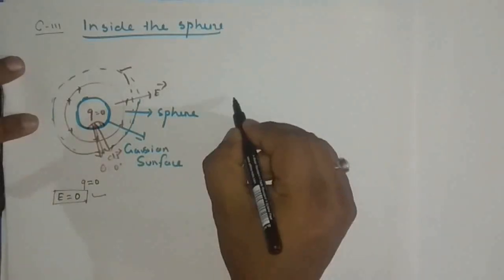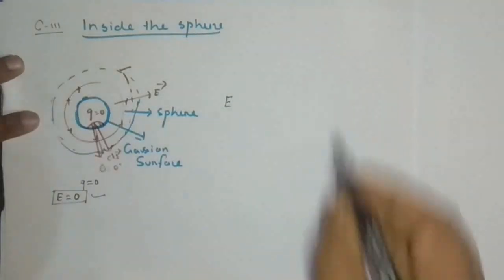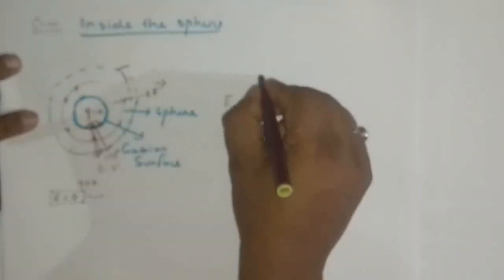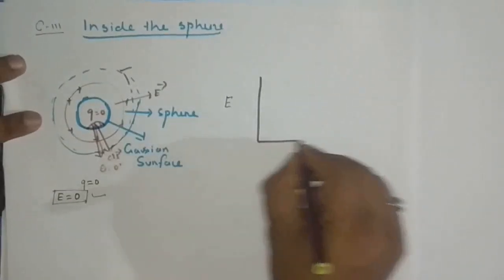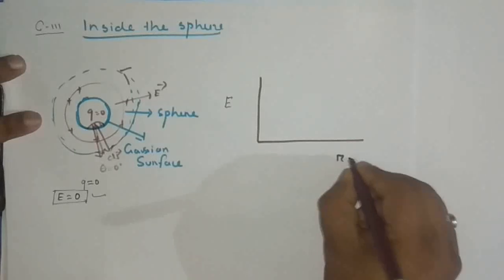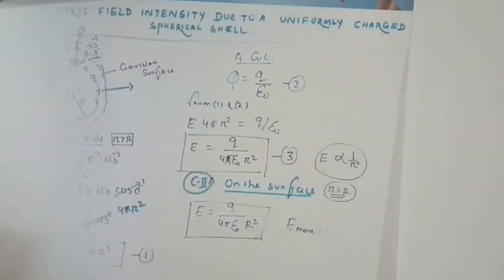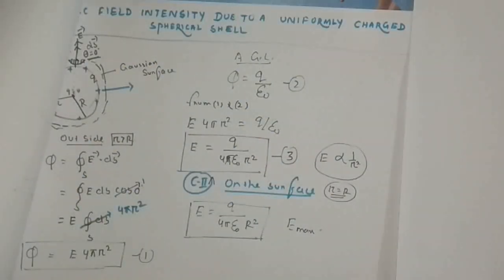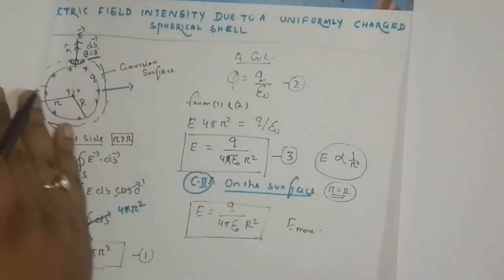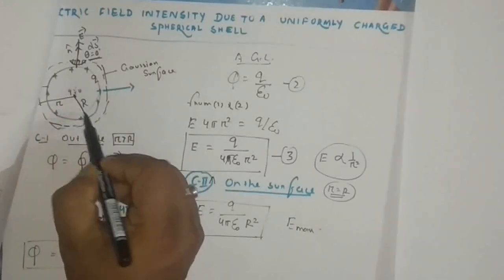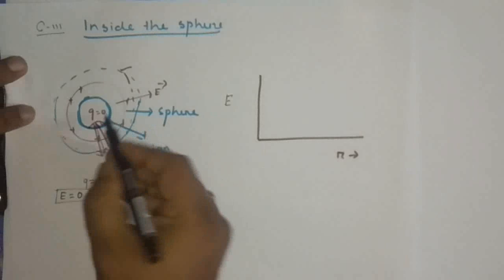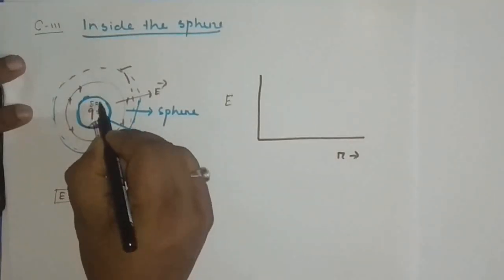Now the question is, draw the graph of electric field intensity versus R. Focus on this point. In this case, from inside to the surface it is 0. We got it here, electric field is also 0.